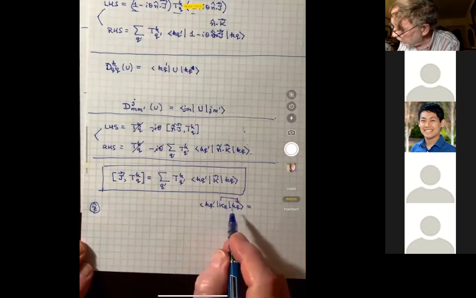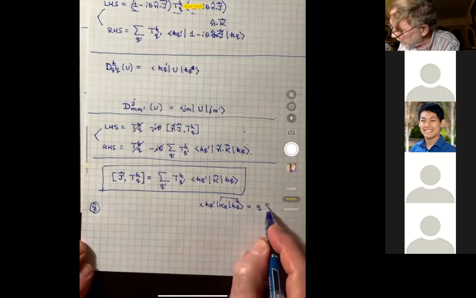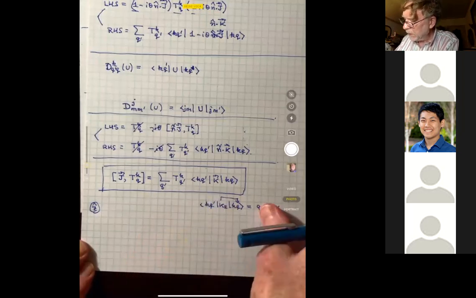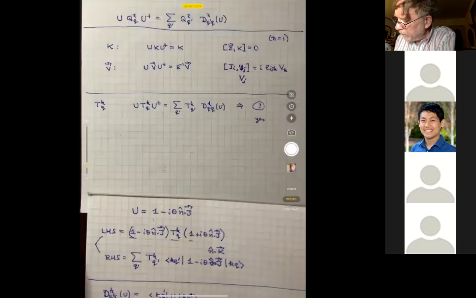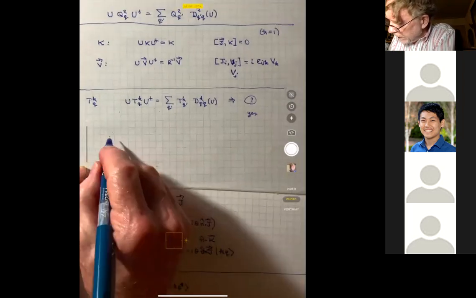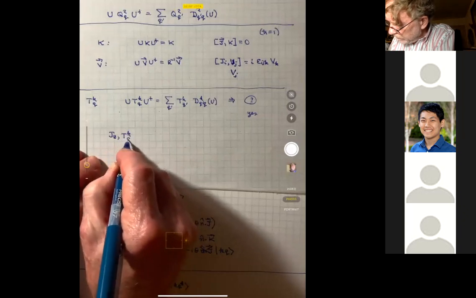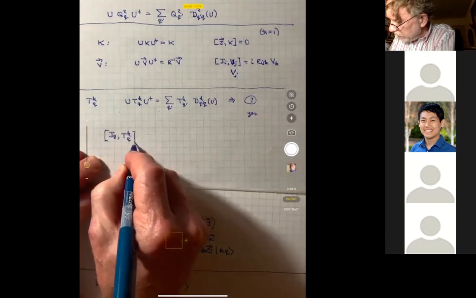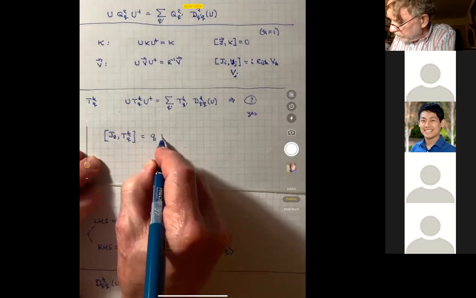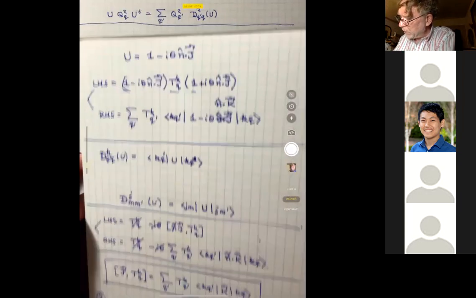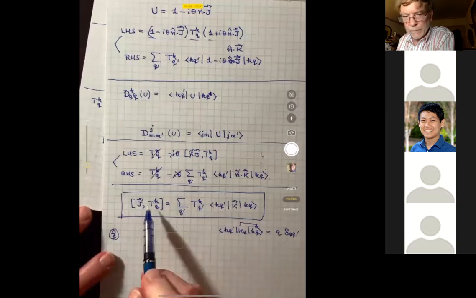What's left over is a Kronecker delta. This becomes Q times delta QQ prime, like so. That allows us to do the sum. And the result is that we obtain a formula, which I'll put right down here, that Jz commutator with a TKQ gives us Q times TKQ. It's a special case of this box formula down here.